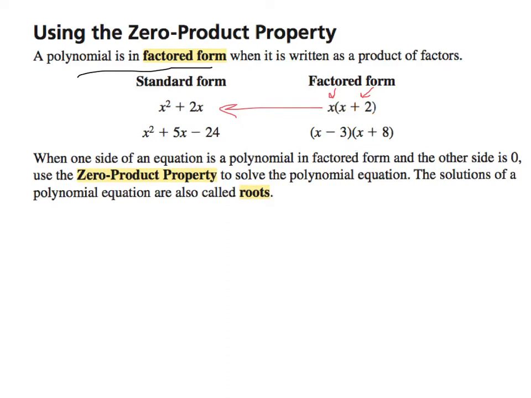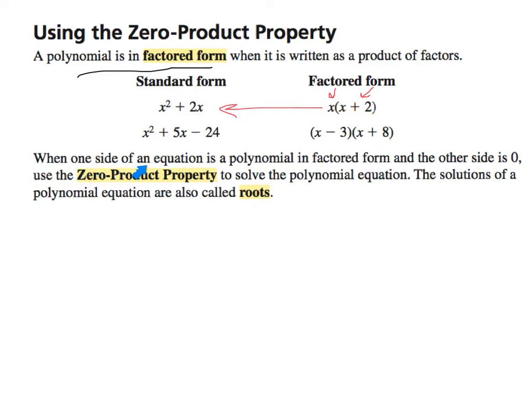Right now, you do not know how to go from this to this, and that's okay. But you have to understand that a factored form of this trinomial would be these two factors, x minus 3 and x plus 8. So, the zero product property.